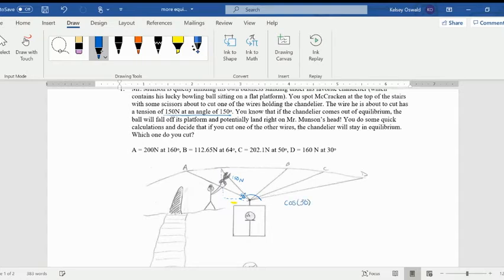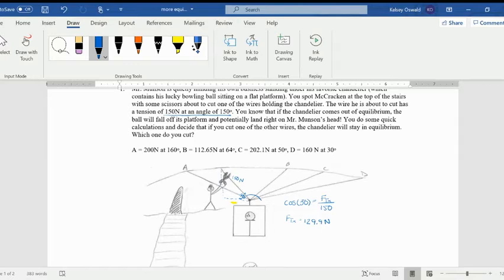So the cosine of 30 is equal to the x component over 150. Multiply each side by 150, and we'll find that the x component is 130 newtons, or 129.9. So we are getting rid of 129.9 newtons to the left.